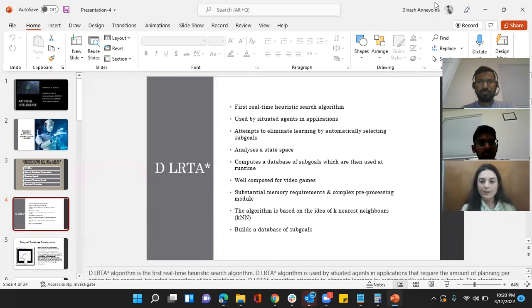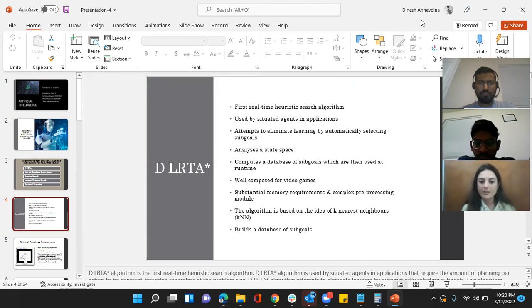It analyzes a state space and computes a database of subgoals that are then used at runtime. The algorithm is well suited for video games. It also has a substantial memory requirement and a complex pre-processing module.